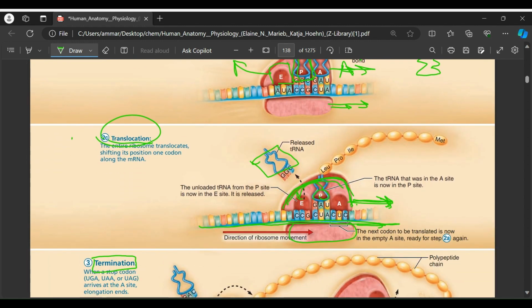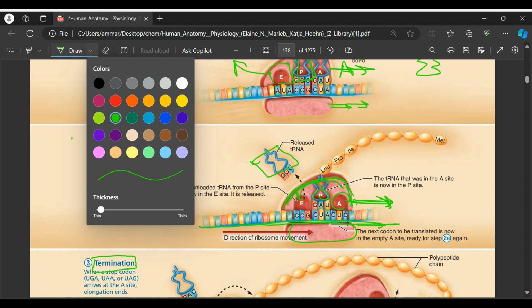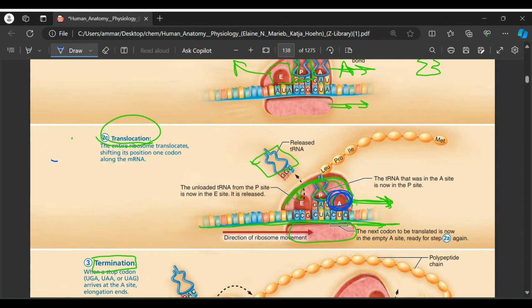See, look in this picture. Here, I'll use blue, for example. Here, the A site is empty now. And this one that was in the P site actually became in the E and was released. This is the tRNA that was released. And then the tRNA in the P site will lose its polypeptide, and another tRNA with a new amino acid will go to the A site.